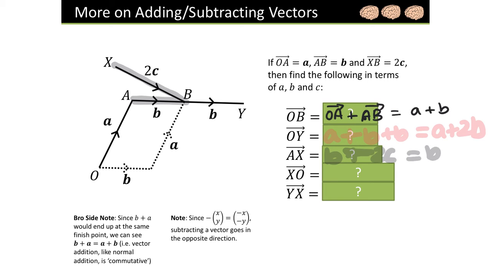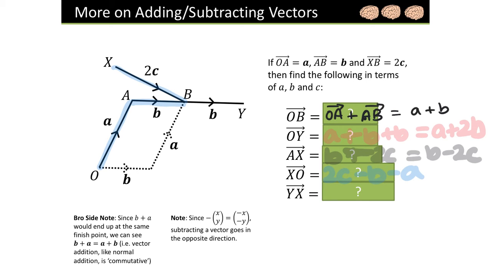So this is B minus 2C. Perfect. Okay, how about X to O? So where do I start? X, 2C, I'm going in the same direction. Then minus B. Then minus A.